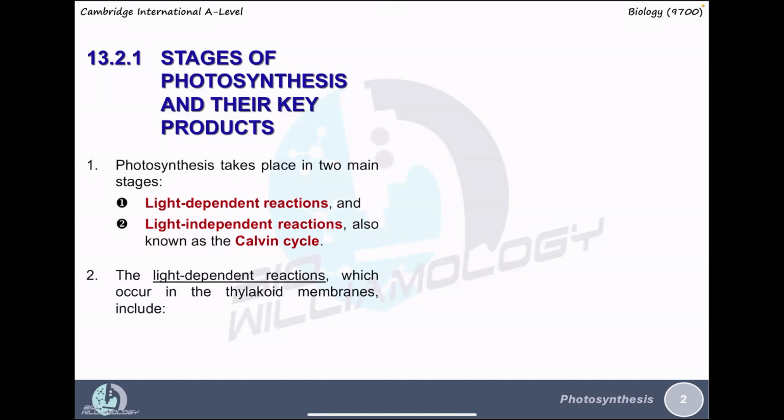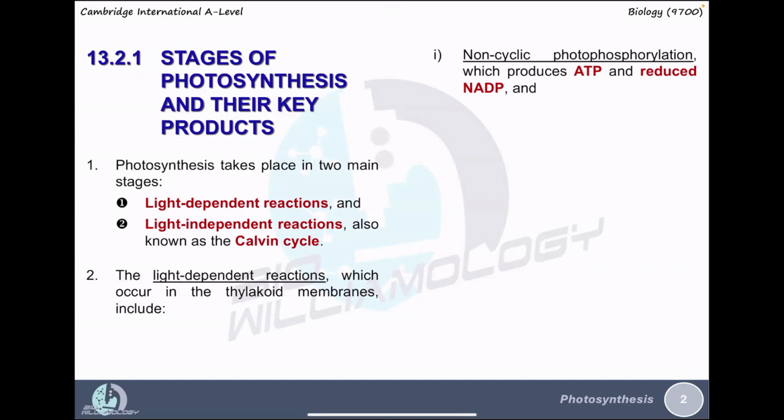The light-dependent reactions occur in the thylakoid membrane and include non-cyclic photophosphorylation. During this reaction, ATP and reduced NADP are produced. There is another reaction under light-dependent reactions, known as cyclic photophosphorylation, which only produces ATP.